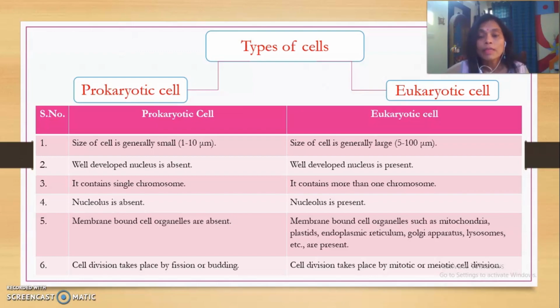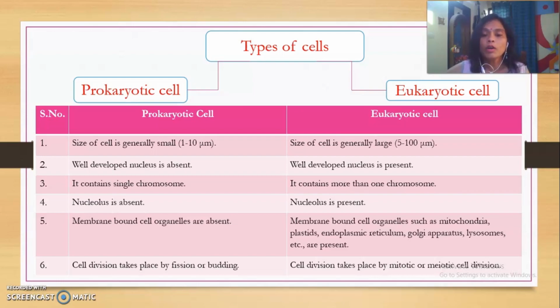That means when life originated on earth, the first cell, or in other words the unicellular organism, came into being, and those single-celled organisms were of a prokaryotic nature. Nowadays, in the most advanced organisms, the cells present are eukaryotic cells. So when you hear the term primitive cell, you should understand that we are referring to the prokaryotic cell.